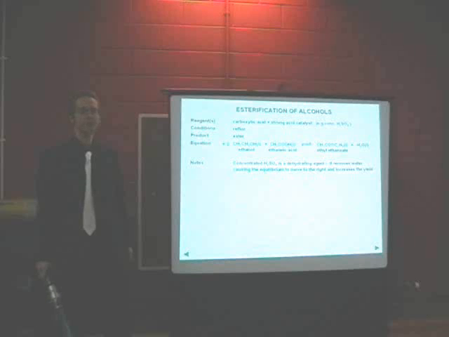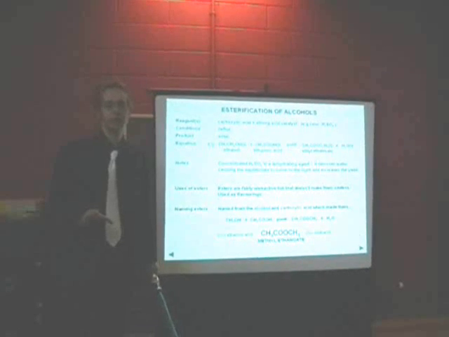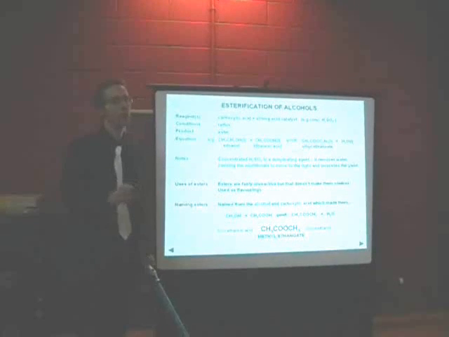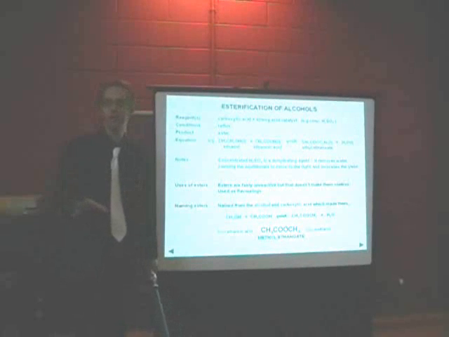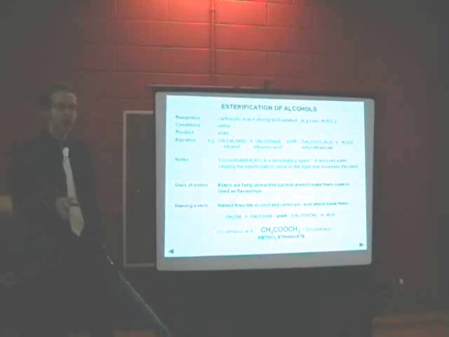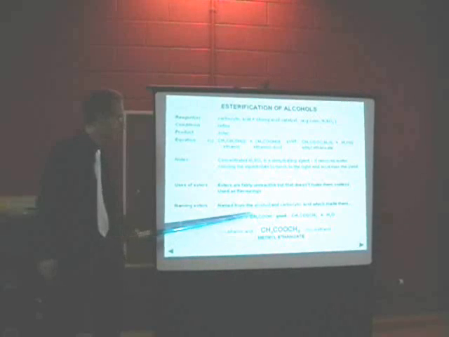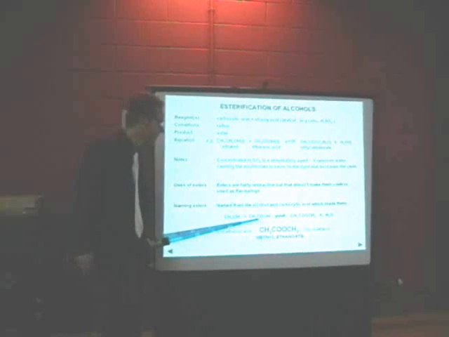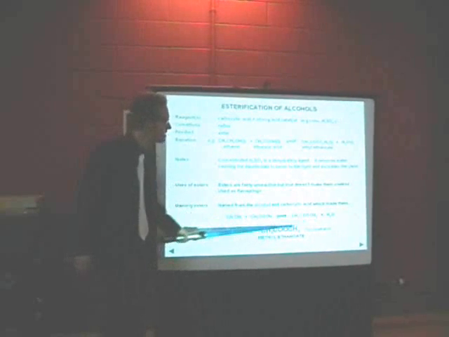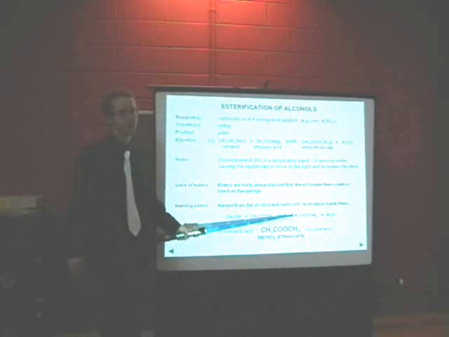Pause, please. Esterification is where an alcohol reacts with a carboxylic acid. In this case, I've got methanol and ethanoic acid, and what I make is methyl ethanoate. Now, at GCSE, I spent an entire lesson teaching this.